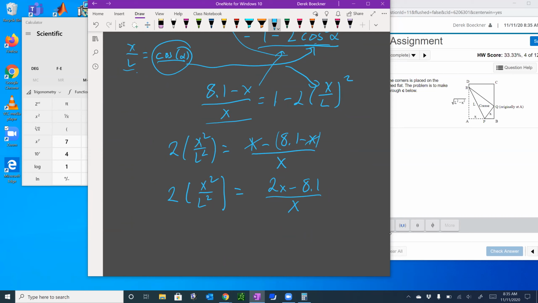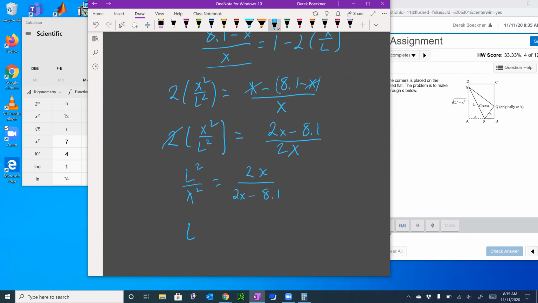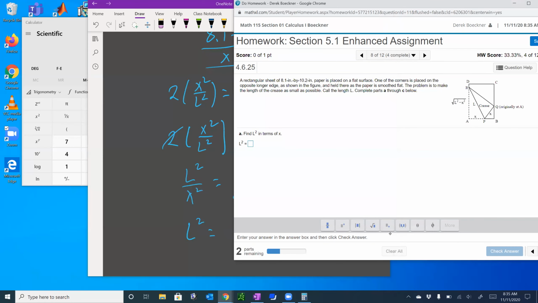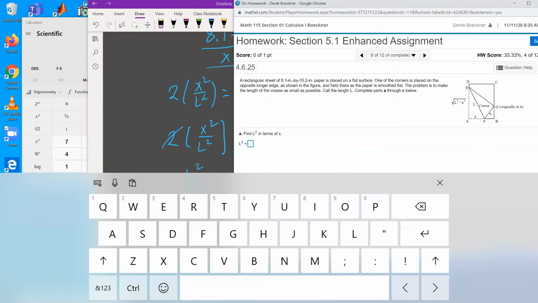Well, let's divide by 2. And then flip things over. And then multiply by x squared. And I'm kind of happy with that. See if this guy's happy with that.